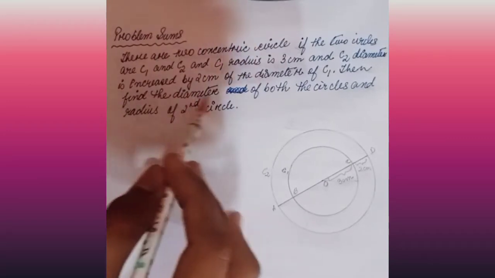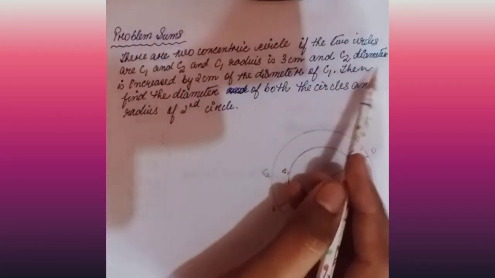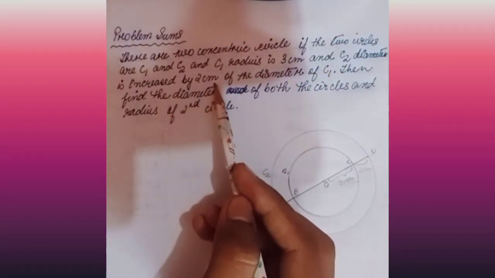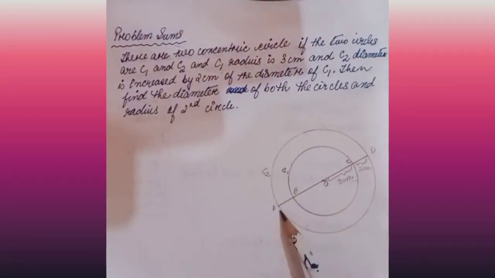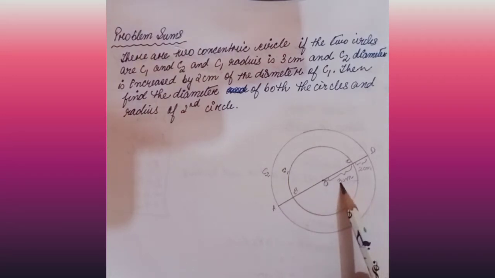What is written? C2 diameter is increased by 2 cm. So the whole diameter will be increased by 2 cm.